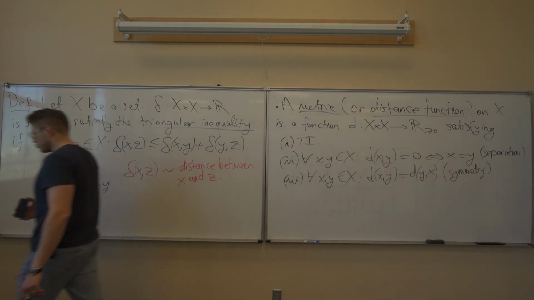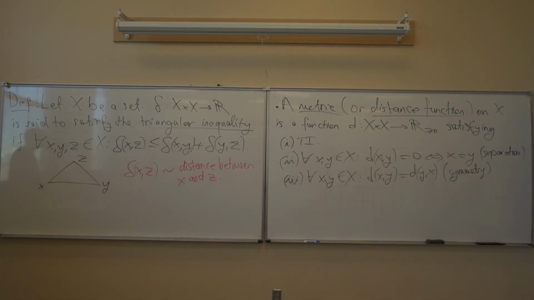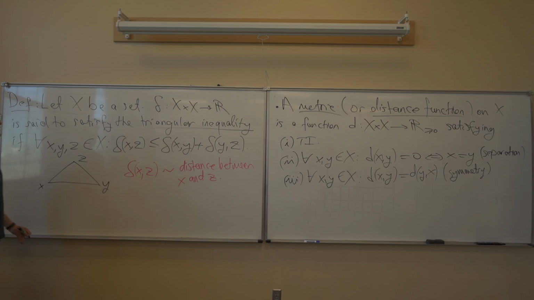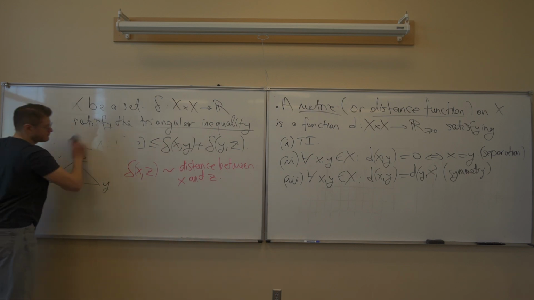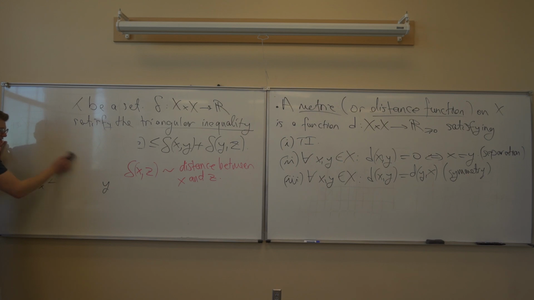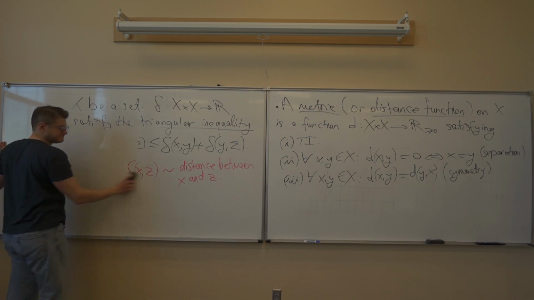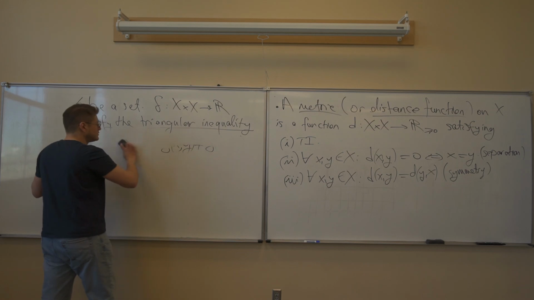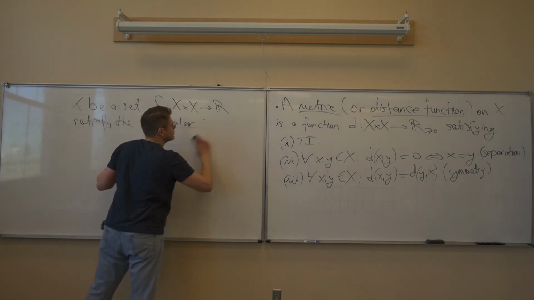Okay, so what is the first example? The first example should be that somehow the real line should be a metric space. Here's our theorem. It's not a very advanced argument, but because it is so foundational, I'm going to call it a theorem.